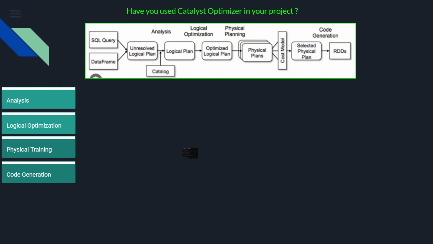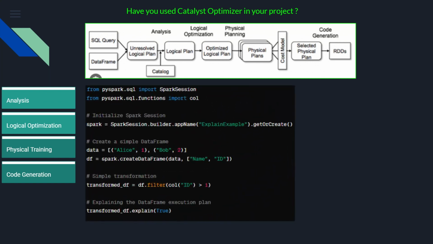This is a small example, and the Catalyst optimizer is beneficial for debugging. If you have slowness in your job, you can easily debug through this by calling the explain method.